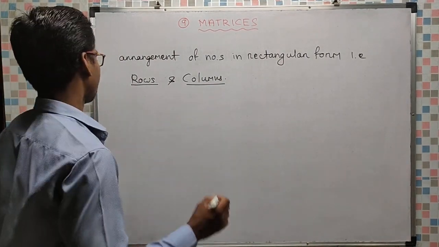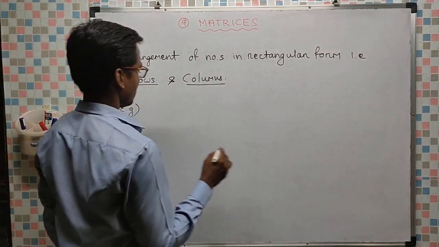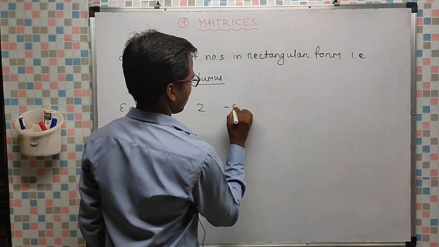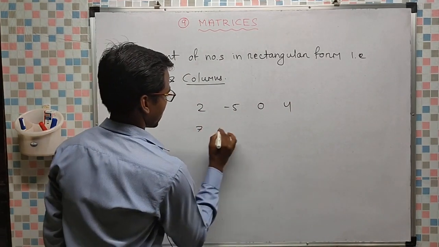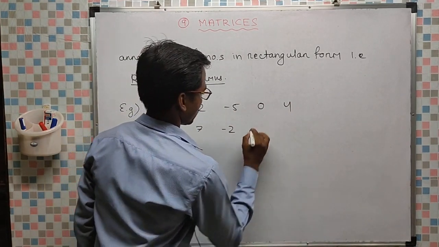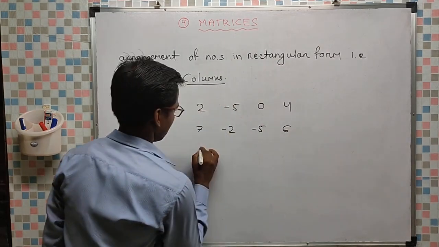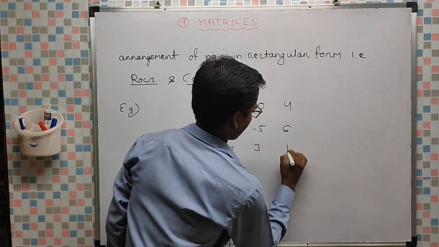For example, 2, minus 5, 0, 4, 7, minus 2, minus 5, 6, 9, 10, 3, 1.